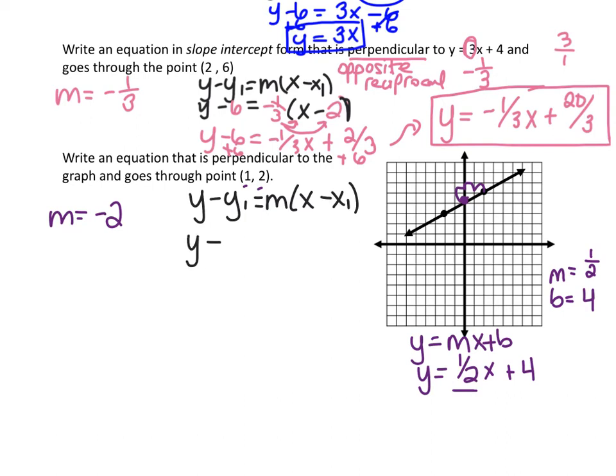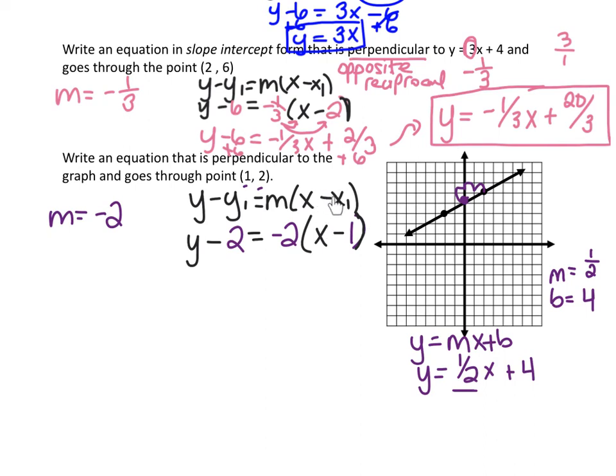So y minus our y1 is 2 equals our m of -2, and then x minus the x value of 1. Okay? So we have in point slope form, we have our point input and our slope here.